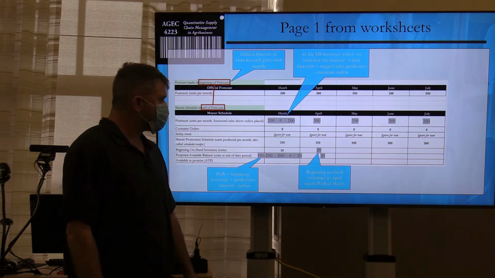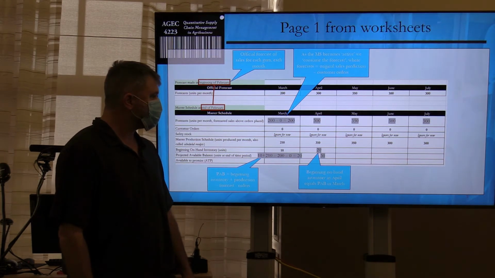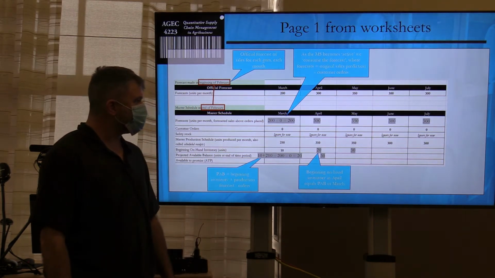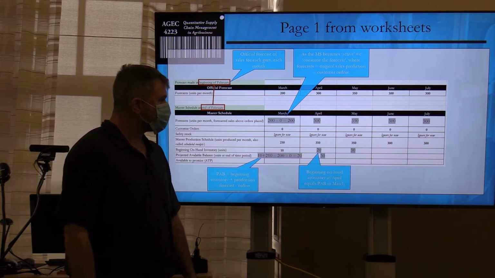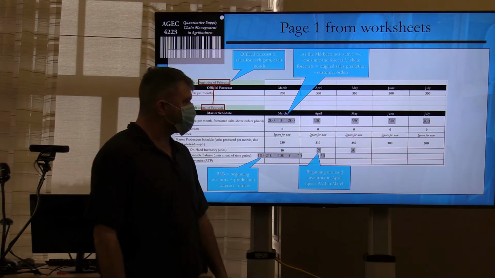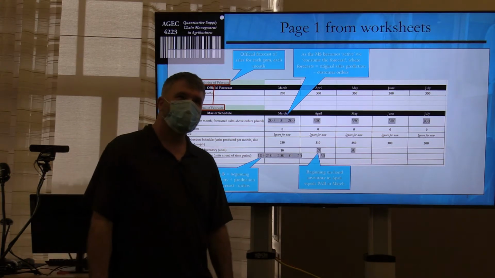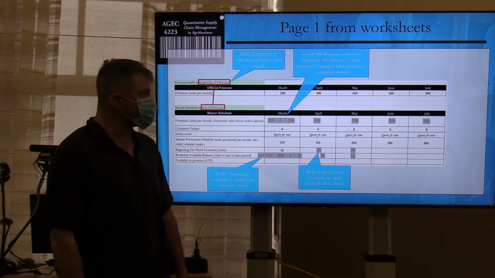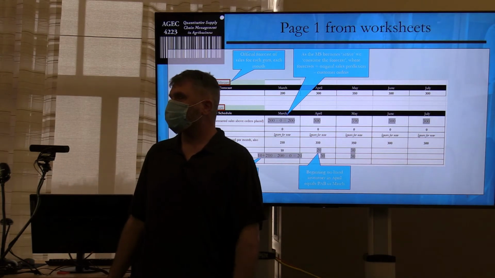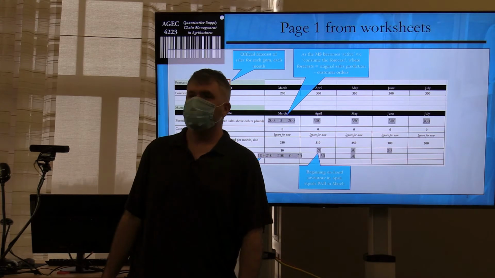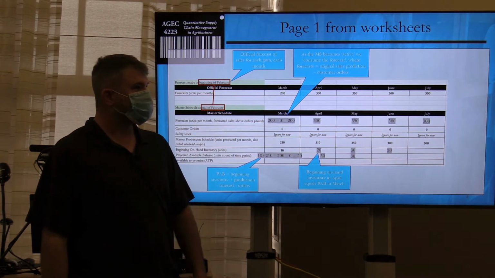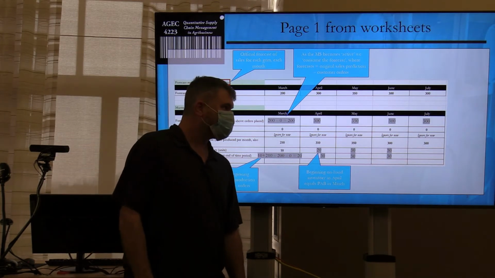So what's beginning inventory in May? There you go, 30. So what's ending inventory in May? 30. So what's beginning inventory in June? 30. What's ending inventory in June? 30.